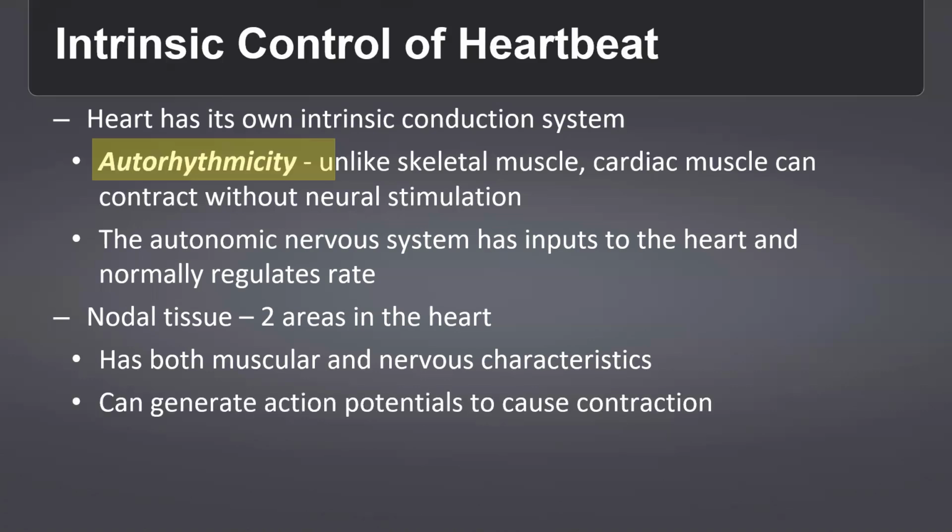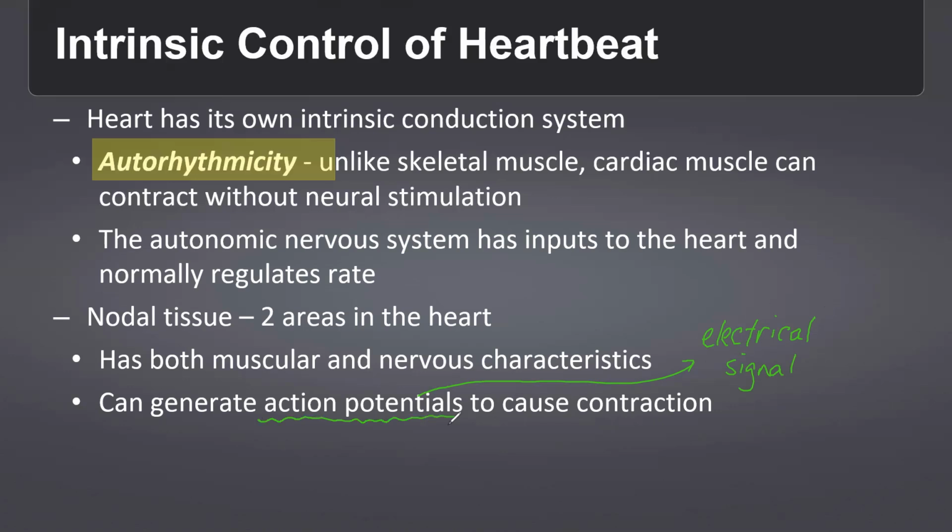What it means is it can generate action potentials, and that's not a term that I think you're familiar with. So basically what an action potential is, it's an electrical signal. So that's an action potential.